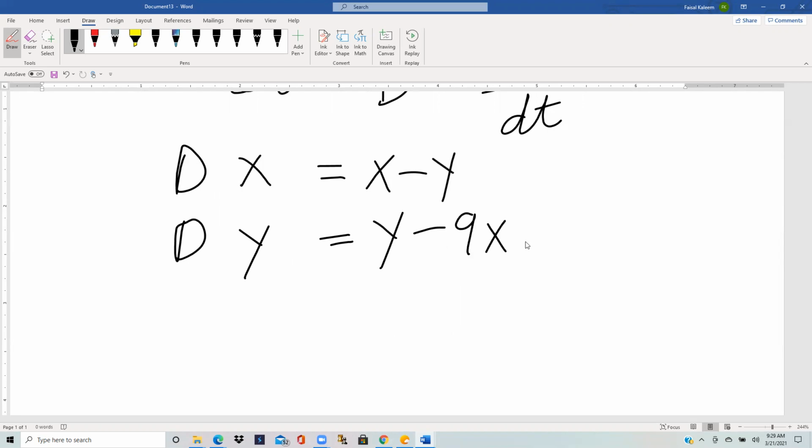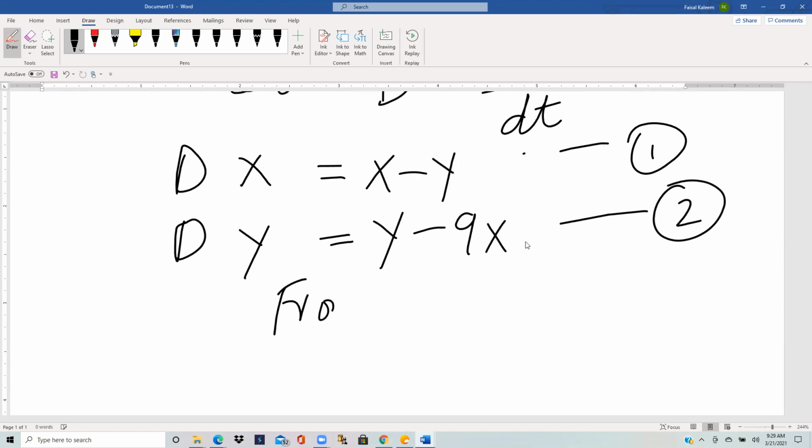And the goal is to eliminate x. So let's call this 1 and this 2. We can calculate what x is from 2.